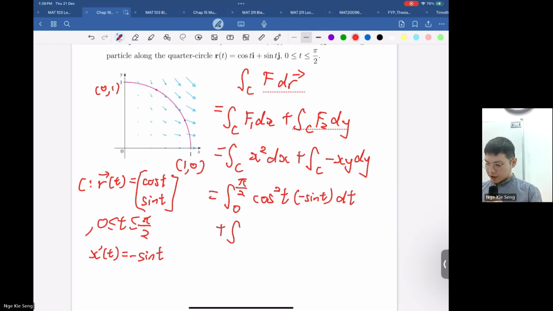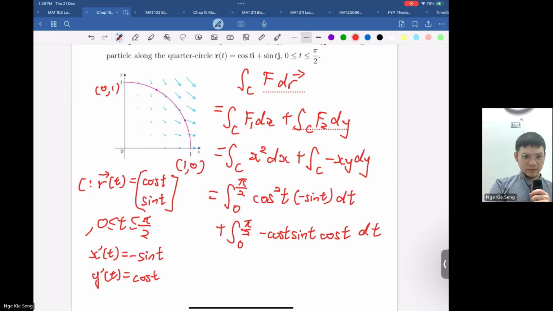And then second, we have the integral from 0 to pi over 2 again. xy becomes cos t times sine t. What is y prime t in this case? Cos t. So you have cos t. You can try to compute this.